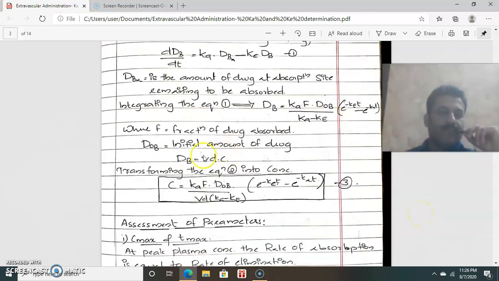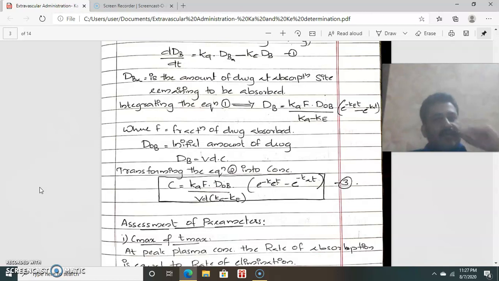Now substituting that, you will get concentration C is equal to K into F into D0 divided by Vd into Ka minus Ke into e raised to minus Ke into t minus e raised to minus Ka into t.